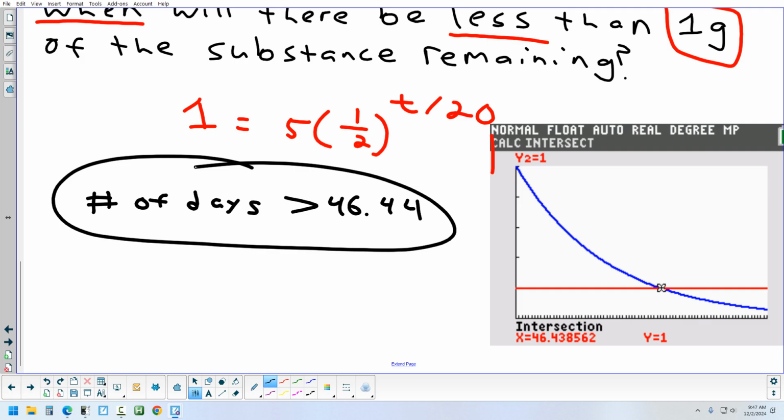Anything after 46.44 days, and you're going to be on that part of the curve, you're going to be under 1 gram. If you did anything before 46.44 days, you'd be up here. You're above the red line, and that's not what they wanted. Okay, so that's how you have to write your answer, as an inequality. That's what I was getting at.